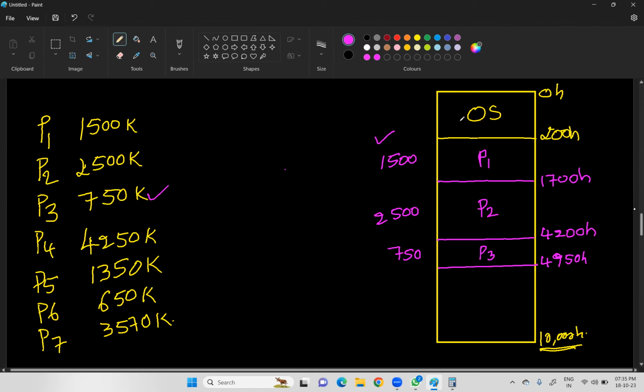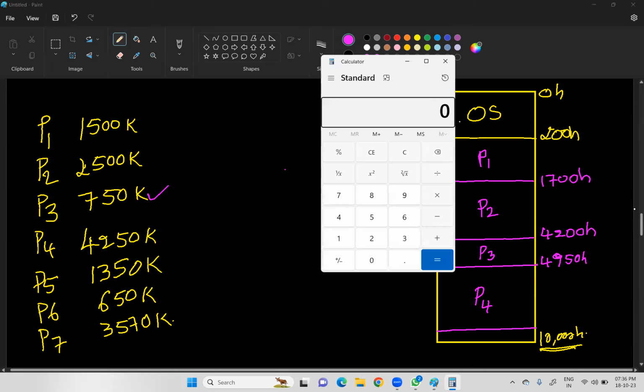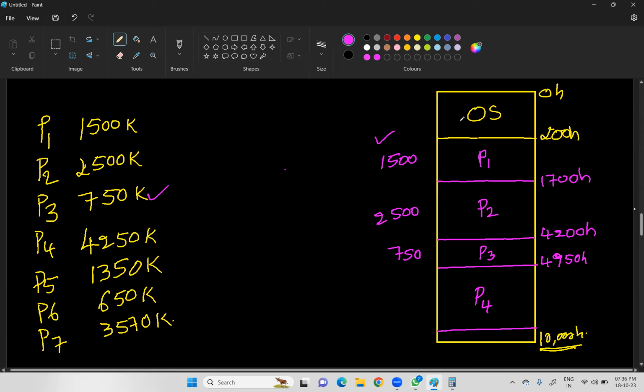This hole is big enough when compared to the previous one. So this is process P4, which will be taken. The value is 9200 H, and the size of this particular thing is 4250. So the allocation was over.